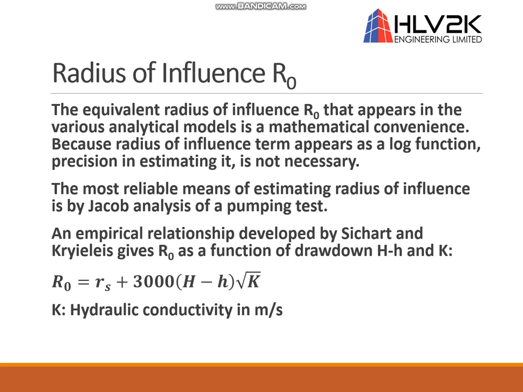It gives you the radius of influence as a function of drawdown and hydraulic conductivity. Remember, because it's an empirical equation, the units are important. In this equation, H should be in meters and K must be in meters per second.